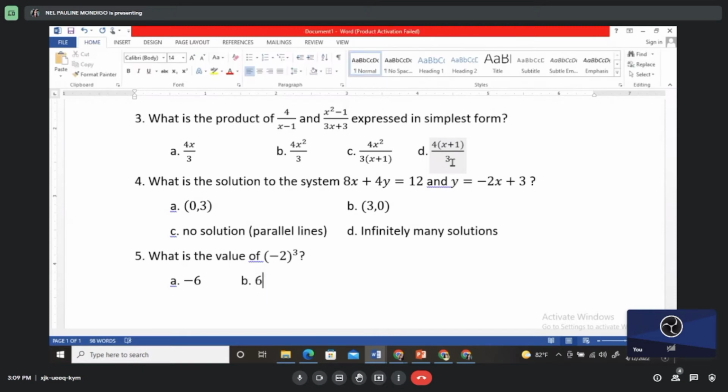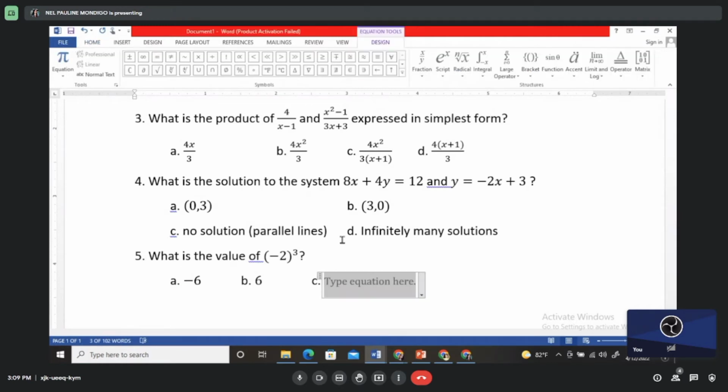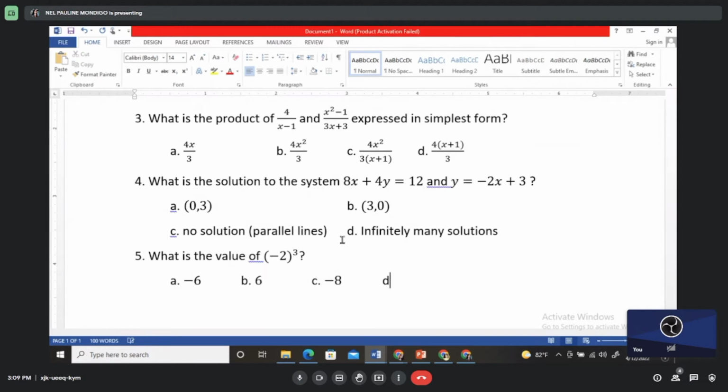Positive 8, sorry. Letter C, 8. Negative 8. Letter D is positive 8.